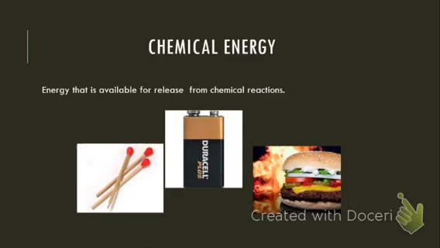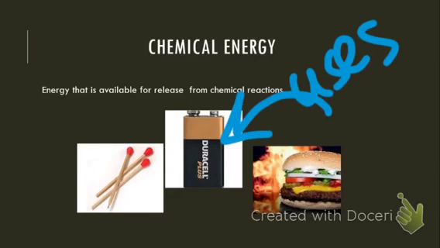All right, chemical energy, energy that's available for release from chemical reactions. If you have to identify something as chemical energy, you are looking for anything that uses batteries or is in food, because our body breaks down food into chemical energy for us to use, for our muscles to use, and the chemical reactions in the food allow us to have energy in our bodies to use, to move, to talk, to sing, whatever we're doing.